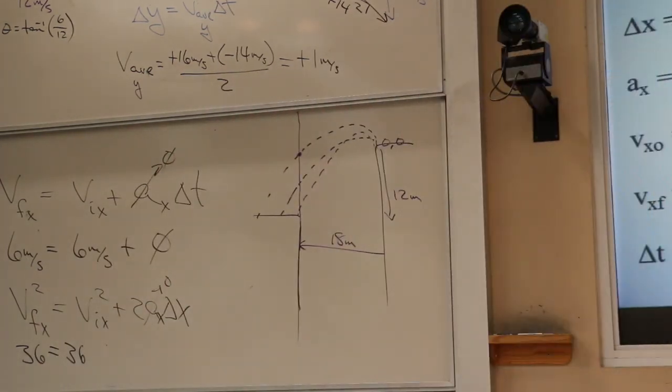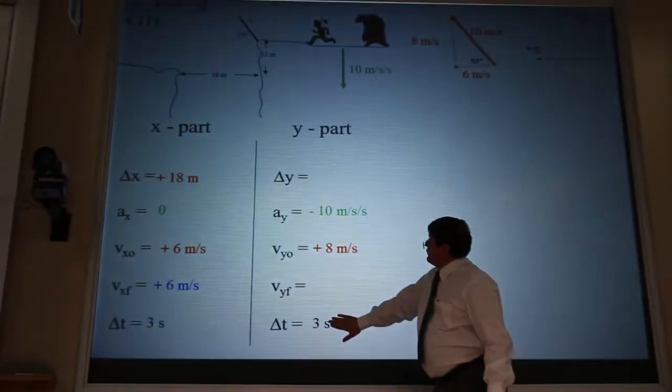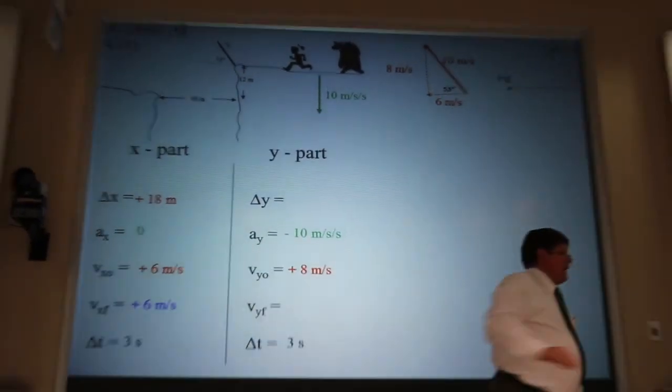First off, if every second that goes by, this person goes 6 meters to the left, how many seconds is it going to take to get to the wall? 3 seconds. So I put 3 seconds in there. Now I have three pieces of information. I'm looking for delta y.